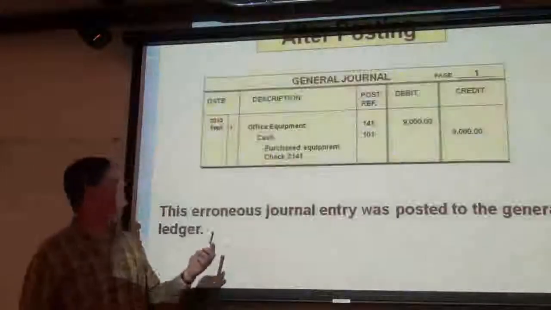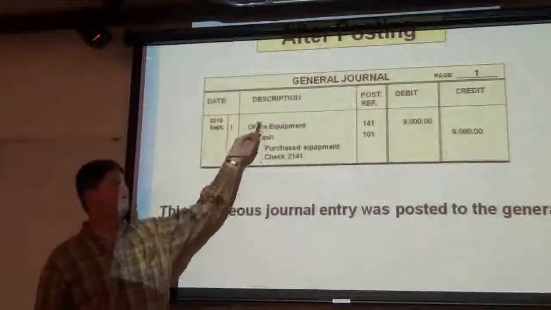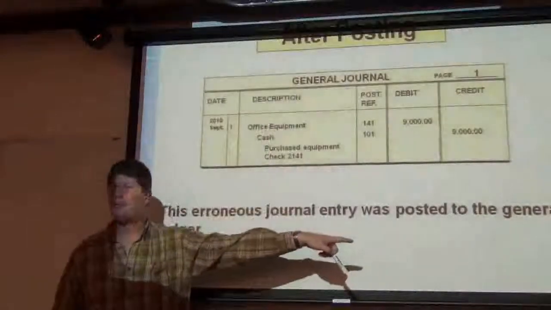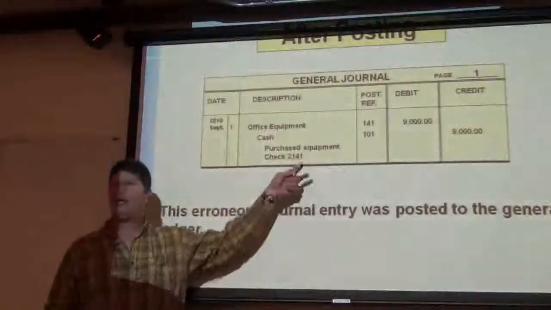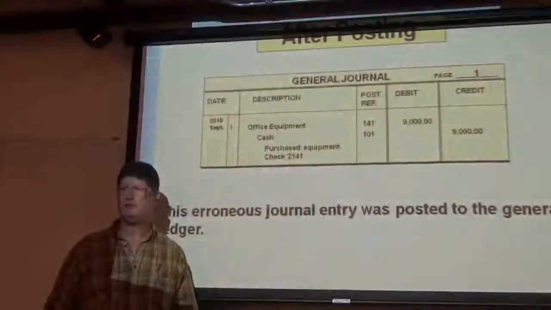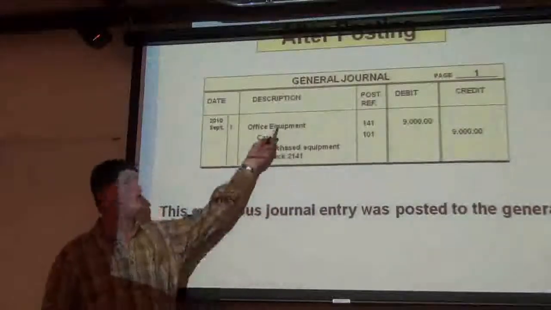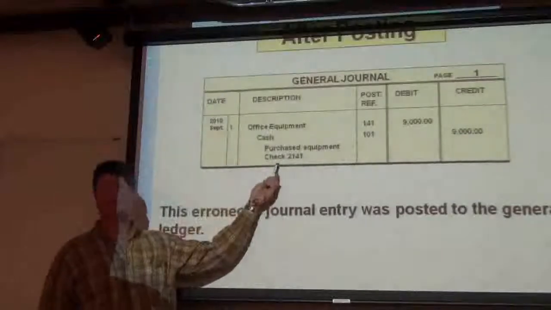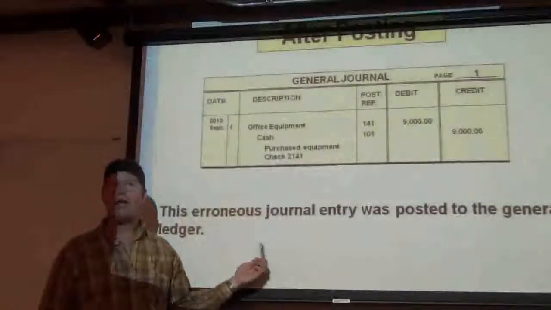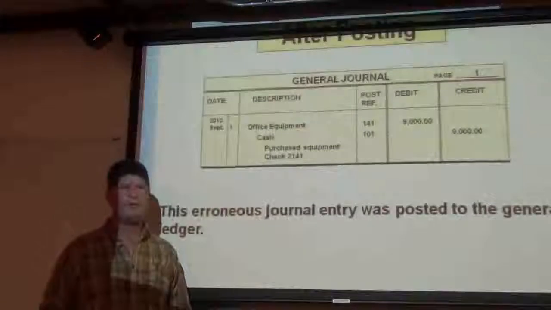I'm a big proponent of taking the original entry and reversing it, just like it never happened, like we did with the return over there, and writing a correct entry and moving on. Your description would be, reverse this transaction, and then here's the correct entry to record so-and-so.